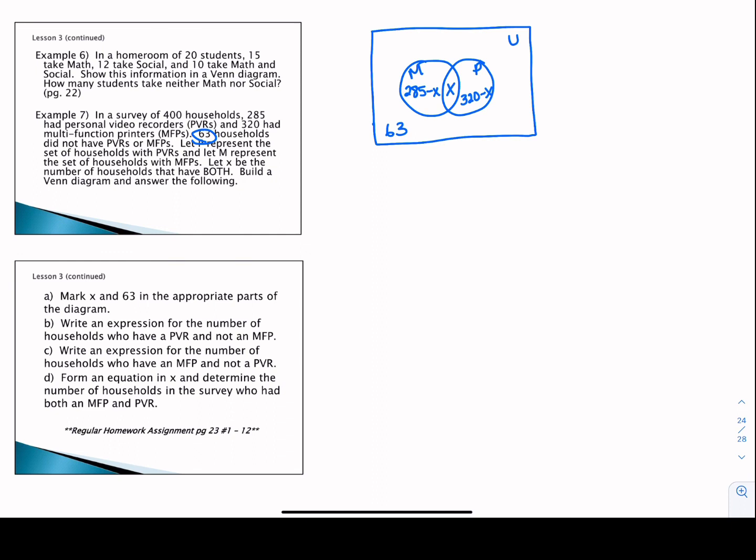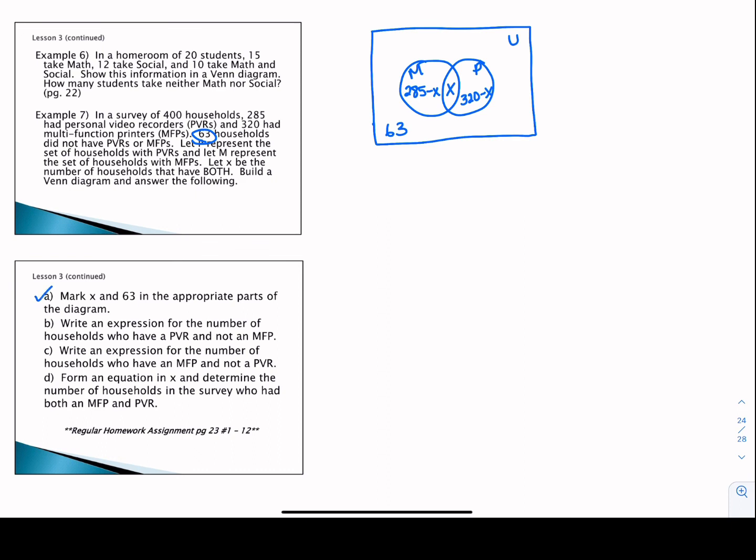So if we take a look at the next slide, it's asking us to do a whole bunch of things. It says mark X and 63 in the appropriate parts of the diagram. Well, we've already done that. X is the overlap, and 63 is going to be sitting outside in that universal set. So part A is finished or complete.